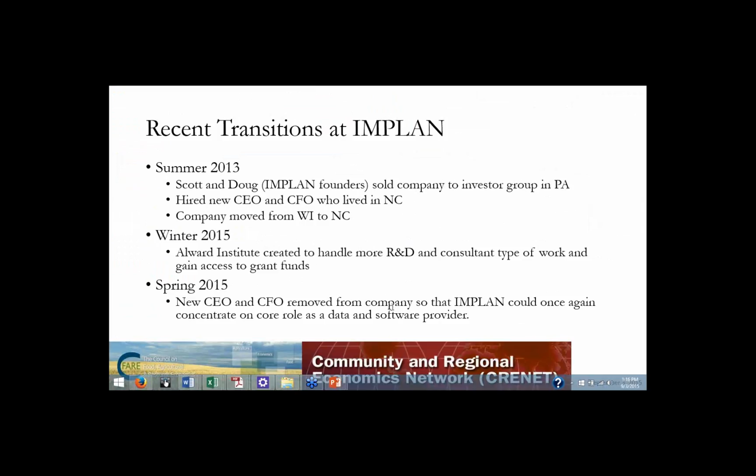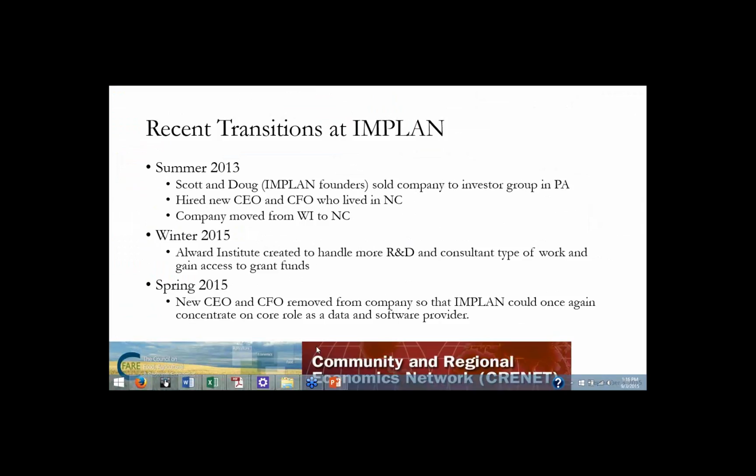And so a couple more transitions came about in the past year. In the winter of 2015, the Allward Institute was created to handle more of the research and development side of things and consultant type work.